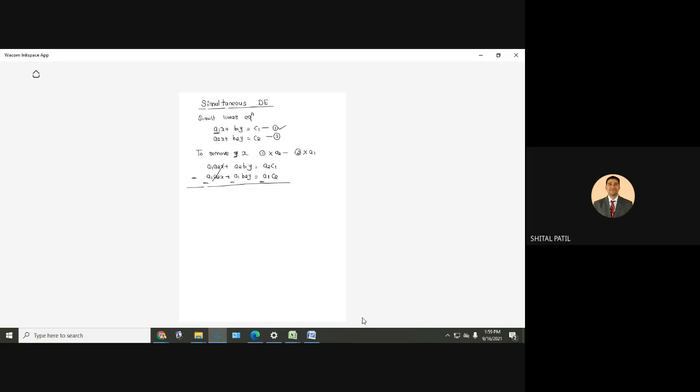This will cancel. x is removed. Then we have a2 b1 minus a1 b2 times y, isn't it? Whereas on the other side we have a2 c1 minus a1 c2, and from here we can find y, right? That will be a2 c1 minus a1 c2 divided by a2 b1 minus a1 b2.